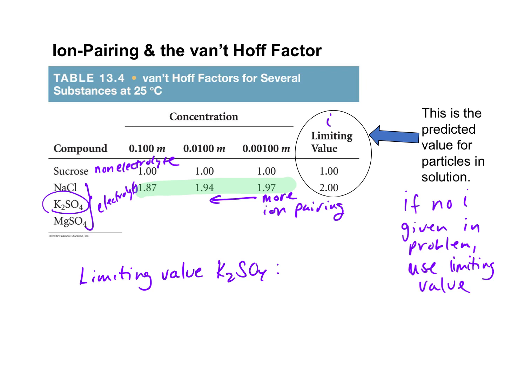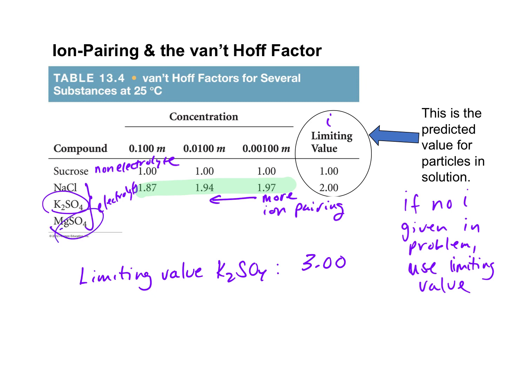Yeah, 3. Why is that? It dissociates into 3 ions. You're going to have 2 potassium ions and 1 sulfate ion. Remember all of the polyatomic ions from Gen Chem that you've done before. You're going to want to remember those.